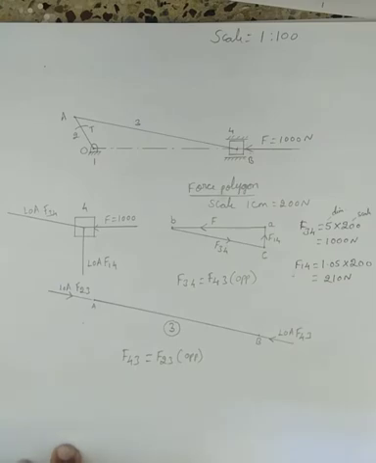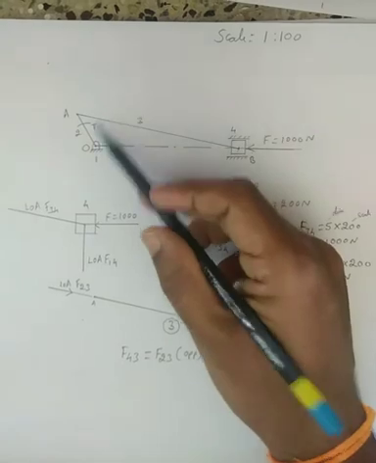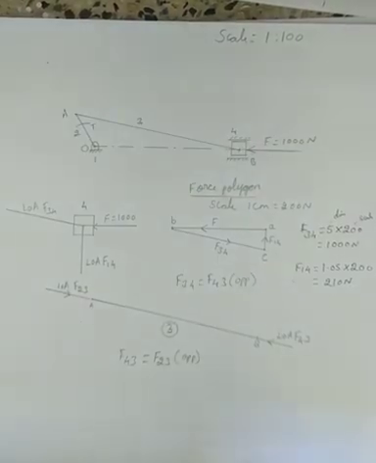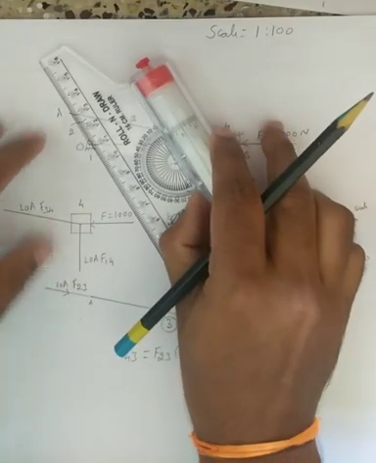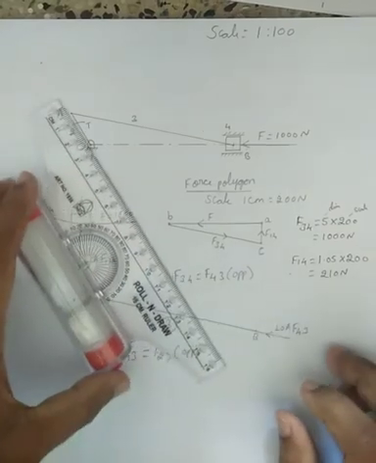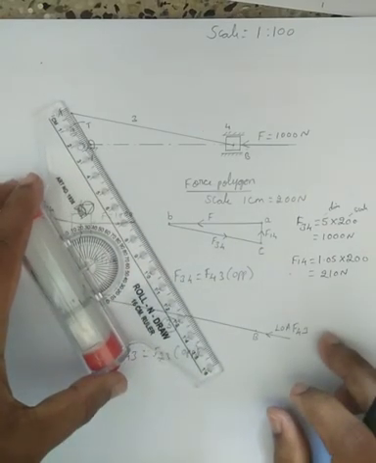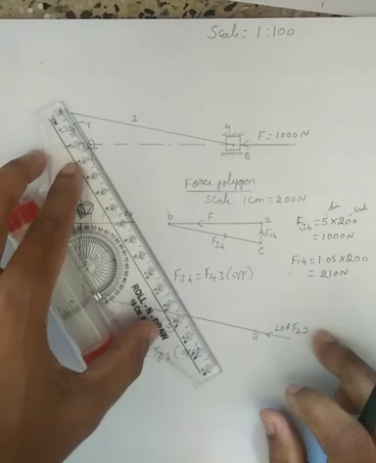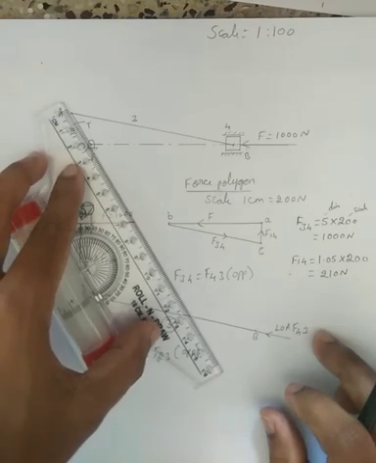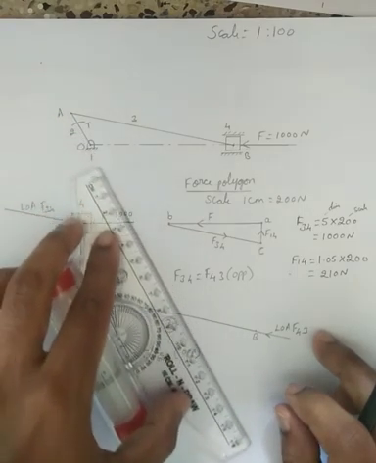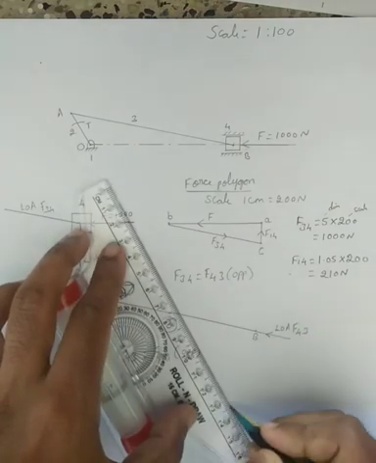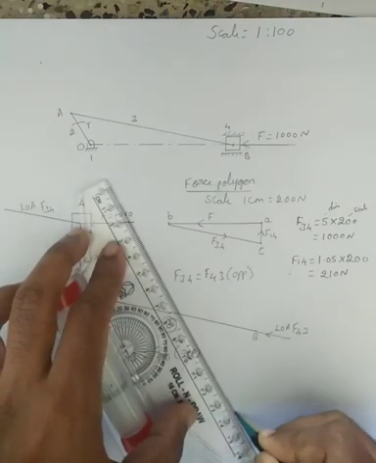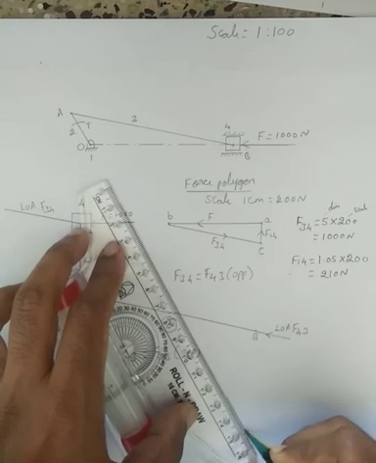Now I will come to link 2. Link 2 is acted on by two forces and one torque. So I will take link 2. Link 2 is 2 mm, I will draw the 2 mm line.